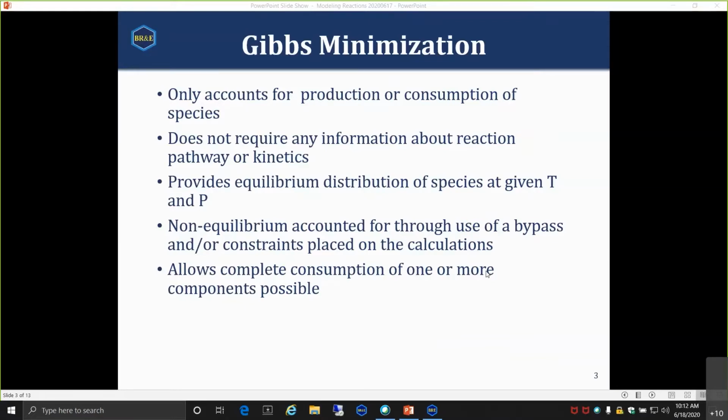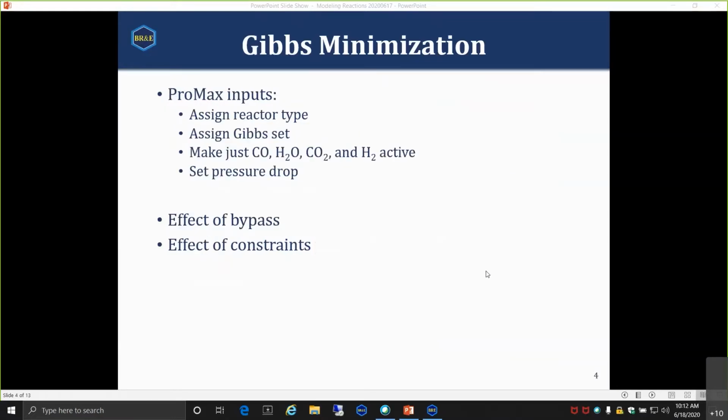Let's talk a little bit about the various inputs. You'll have to assign a reactor type, and I'll show you how that is done. You can assign a Gibbs set, and I'll discuss what Gibbs sets are present and what they do for us. In our particular case, we're going to make just these species active, because these are the species present in the water gas shift reaction.